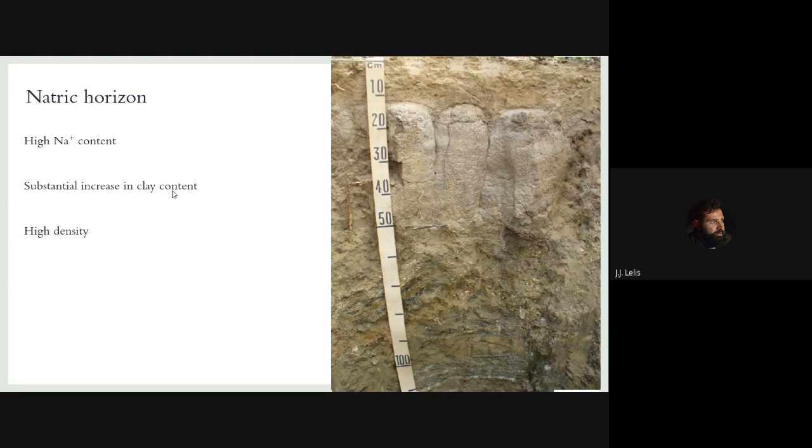Okay. The natric horizon usually possesses a high density in the subsurface because we have a substantial increase in clay content, and these materials usually fill all the voids. So we usually can't find a lot of roots, like in this picture.